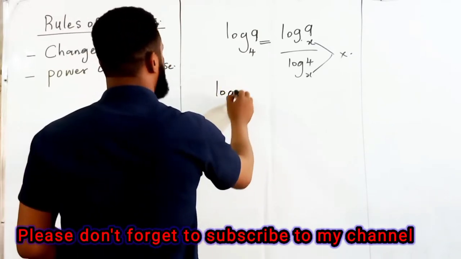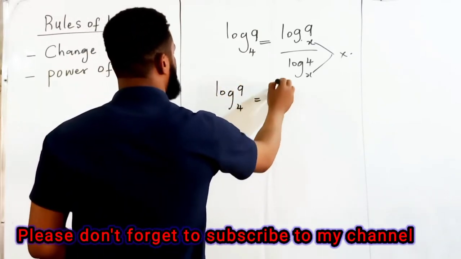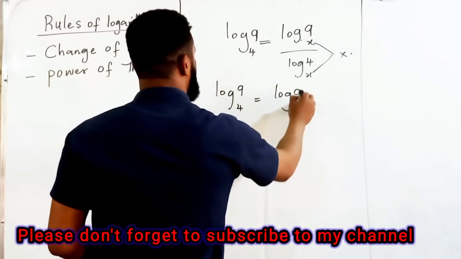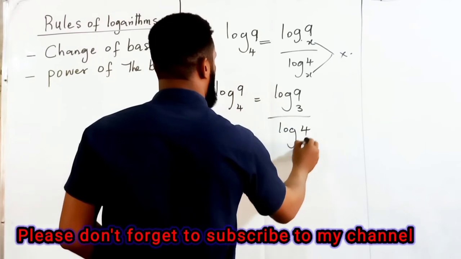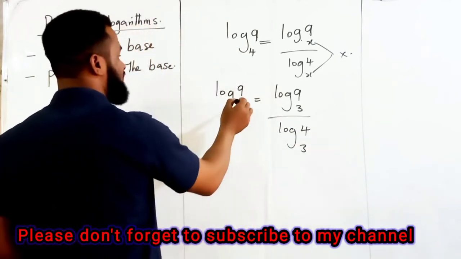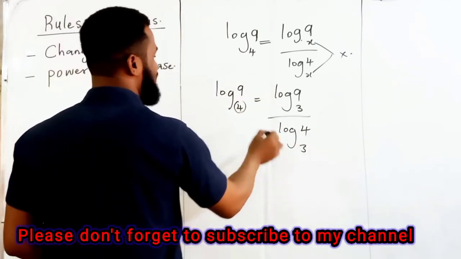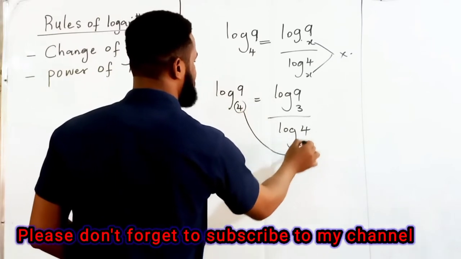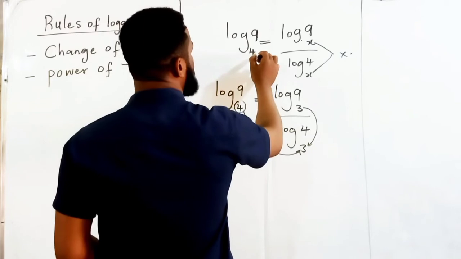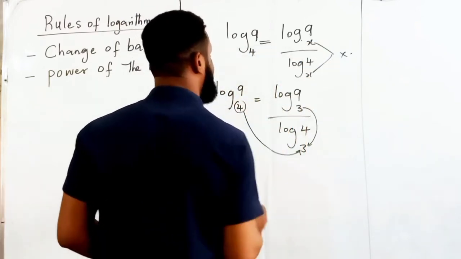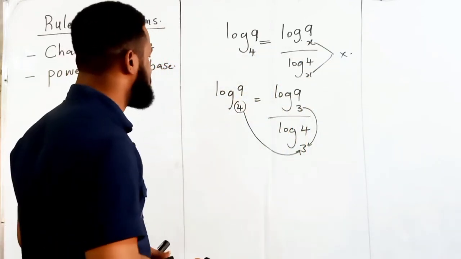You can also write log 9 base 4 as log 9 base 3 all over log 4 base 3. You see, it started with base 4, but at the end, it has been changed to base 3. That is how it works.